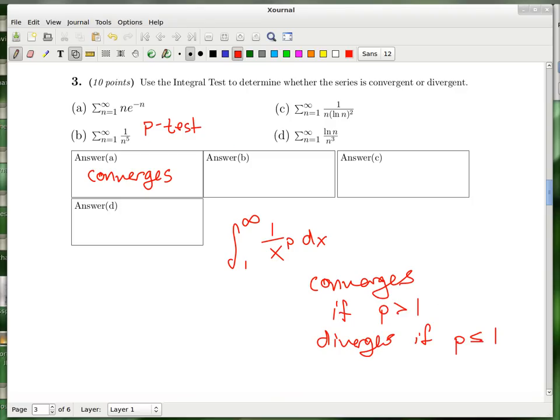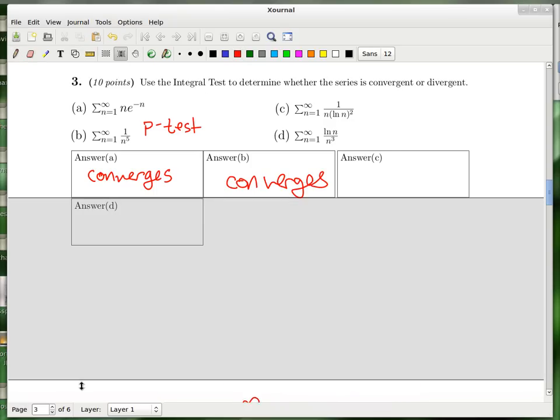Replacing n with x here and using the integral test, you can see that since p is 5, this is the converges case, so B converges. Very well.